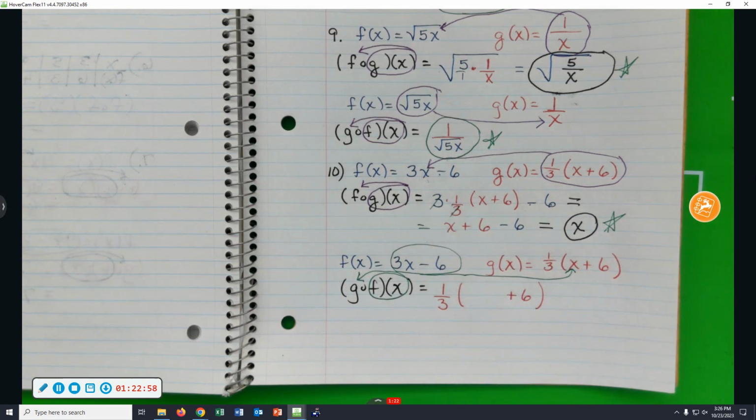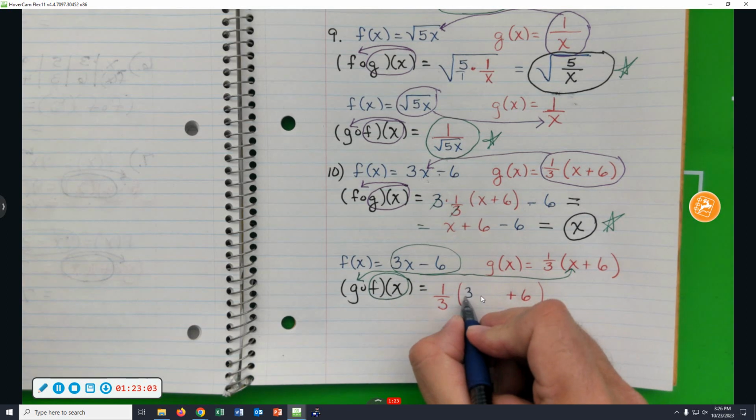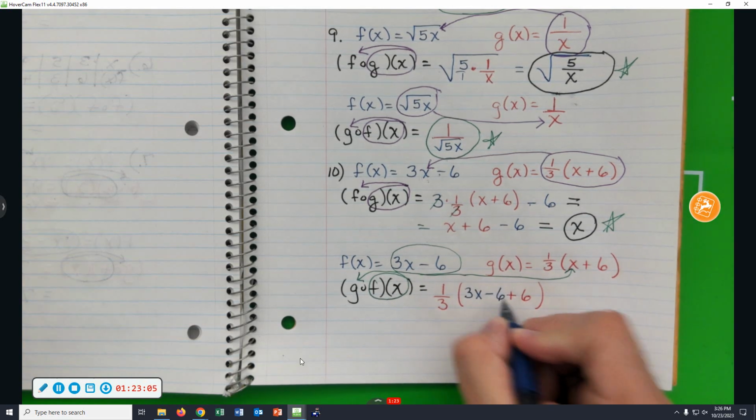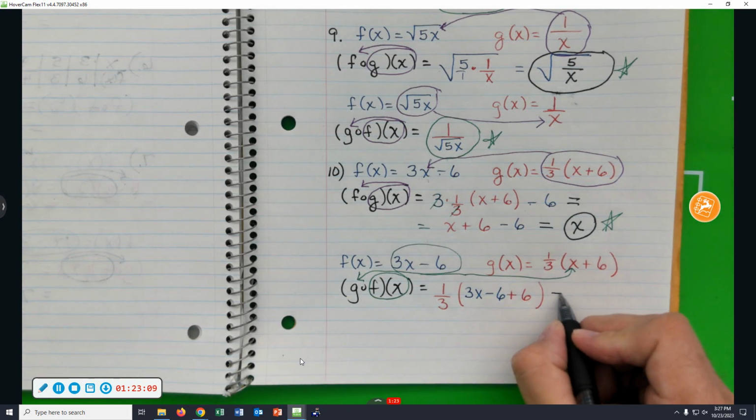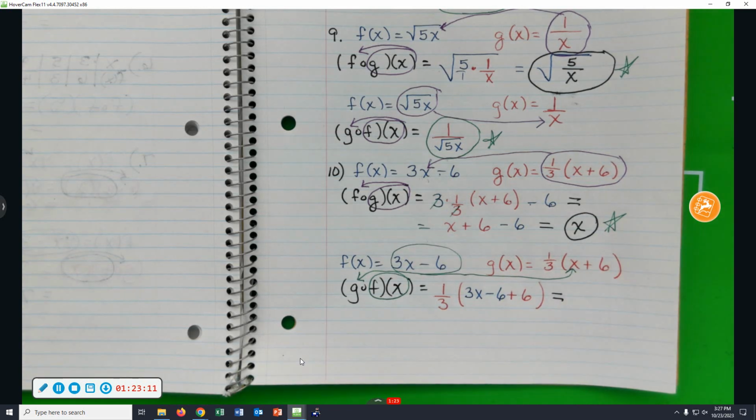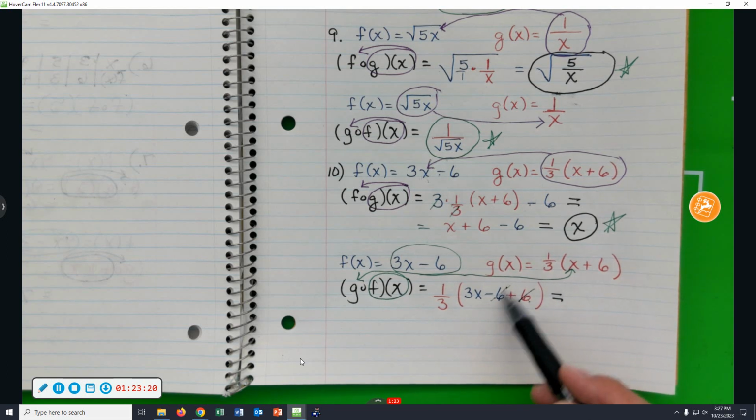In place of that red x, I'm putting 3x minus 6. How is this going to simplify? Something happens nice with the 6's. Yeah, negative 6 plus 6, so we lose the 6's.